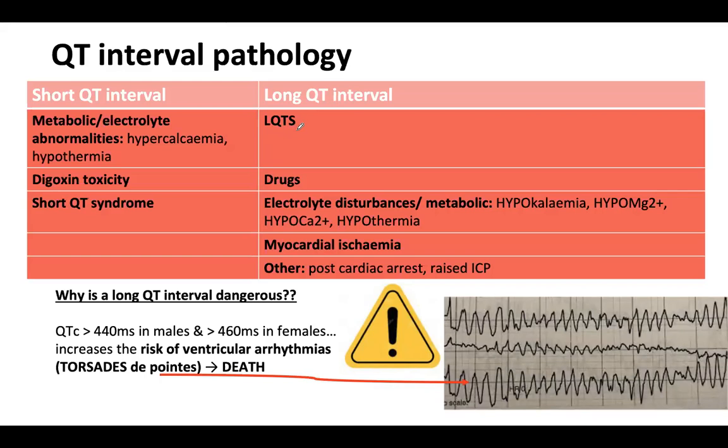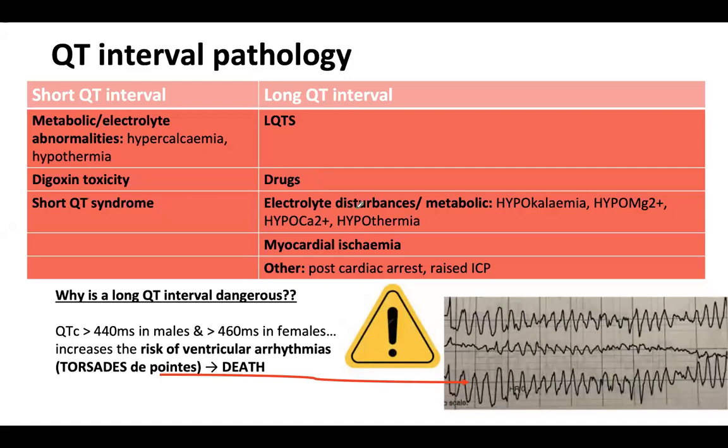I think there are about 3 different types: long QT syndrome 1, 2, and 3. It affects 2 different channels, the potassium channel or the sodium channel in the myocytes. Long QT intervals can also be caused by drugs, especially antipsychotic drugs. There are actually over 170 different drugs which can cause prolongation of the QT interval. A lot of the new TB drugs also cause this.